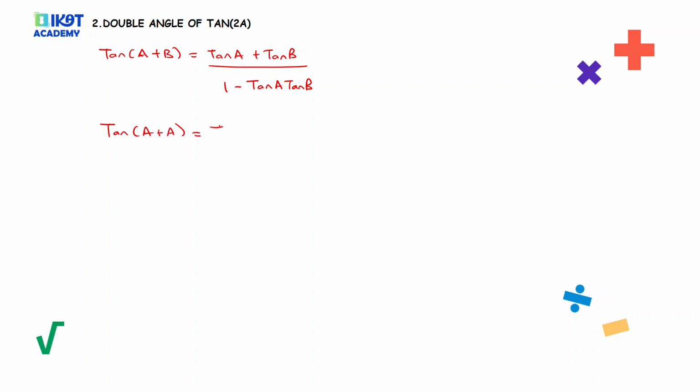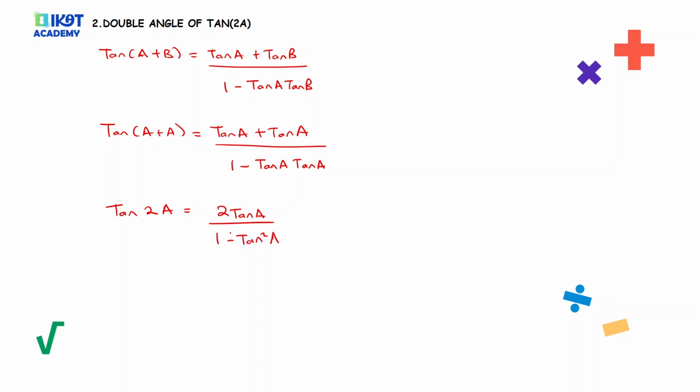This is going to be tan A plus tan A out of 1 minus tan A tan A. So now we get tan 2A is going to be equal to 2 tan A out of 1 minus tan squared A. This is the double angle formula for tan 2A.